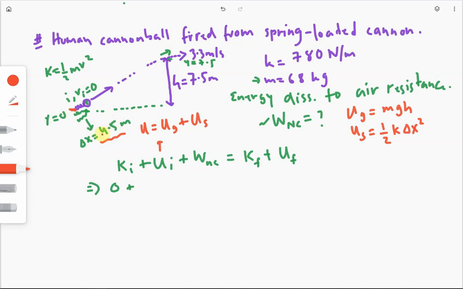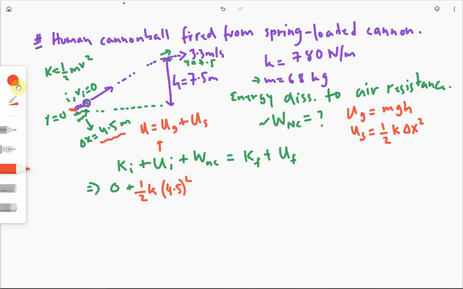So this is the maximum compression that launched this person, and this is non-zero and maximum. So the potential energy at the initial point will have zero gravitational but all spring potential: 1/2 k times delta x squared. Delta x is the compression, which is 4.5 squared.